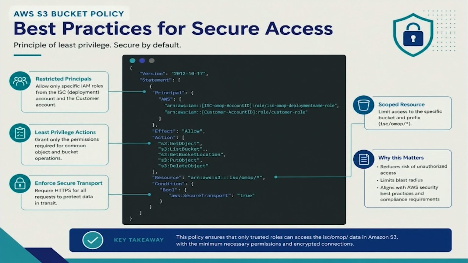and the scoped resource. So it tends to be more of a habit to just expose at the root at the bucket level, but that would give InterSystems access to all of the subpaths and all of the data underneath that bucket.